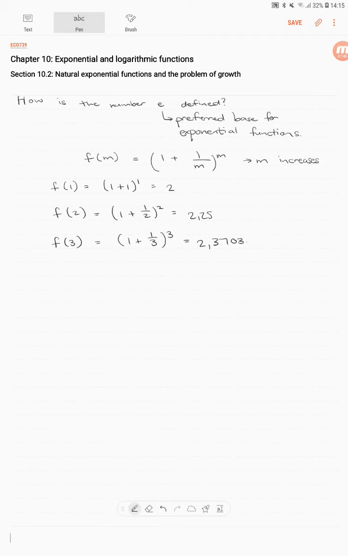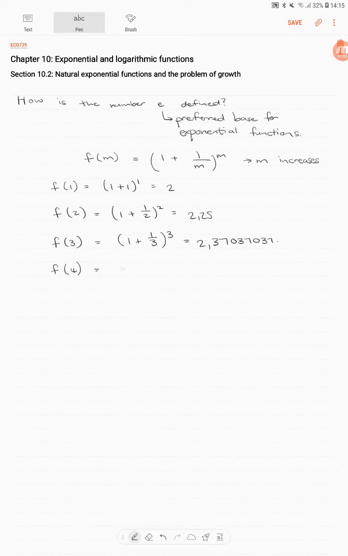So what happens if m increases? f of 1 will be 1 plus 1 to the power of 1, that is 2. f of 2 is 1 plus 1 over 2 squared, that's 2.25. f of 3 is 1 plus 1 over 3 cubed, that is equal to 2.37037.